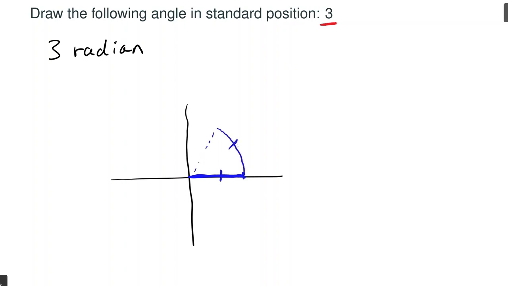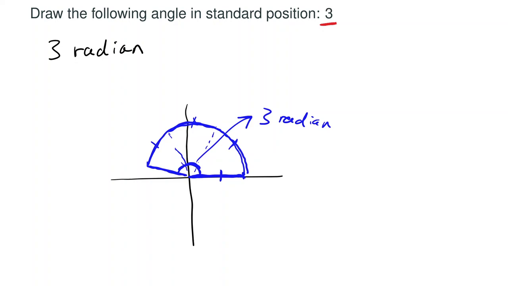There's 1 radian, 2 radian, right here. 3 radian will be somewhere here. So this angle right here, it is 3 radian. So we can say this arc length is created by angle 3.